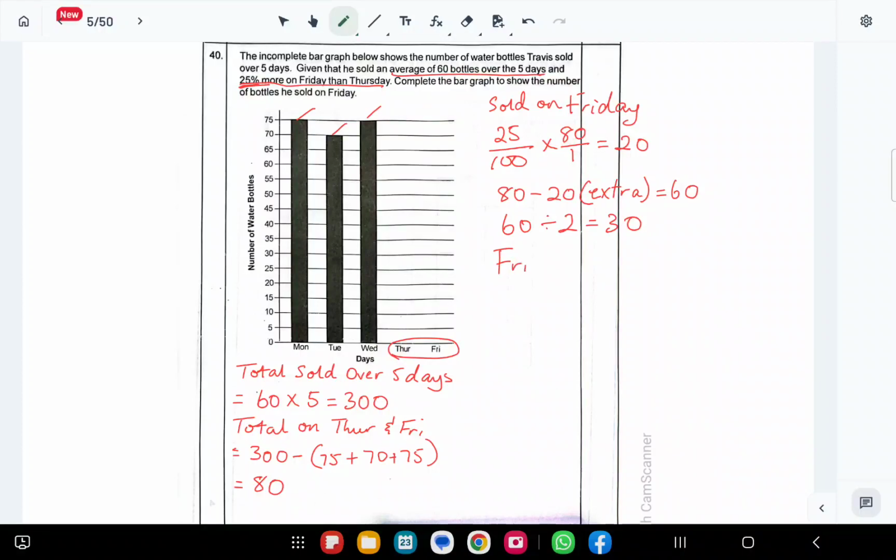So for Friday, we know Friday would be that 30 plus the 20 extra that we put aside, which is equal to 50 bottles. To complete the bar graph, we need to draw a bar until 50. Alright, 50 here, 50. Alright.